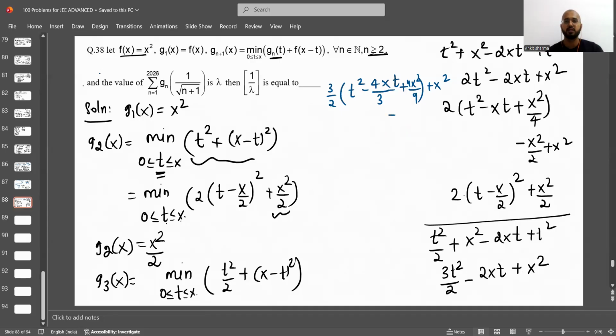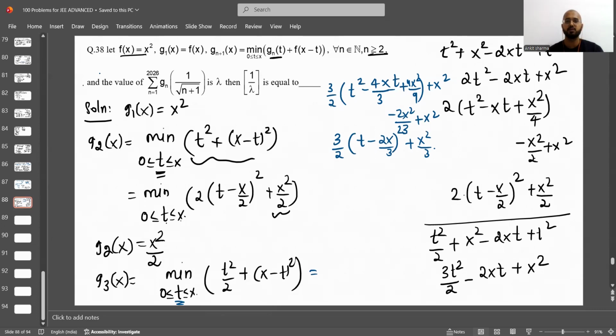So this is 2, so minus 2x², and then 3 is this, and then plus x². So this is 3/2 times (t − 2x/3)², and then 3 minus 2 is plus x²/3. The variable here is t only, so the minimum turns out to be x²/3, which happens at t = 2x/3. So this is x²/3.